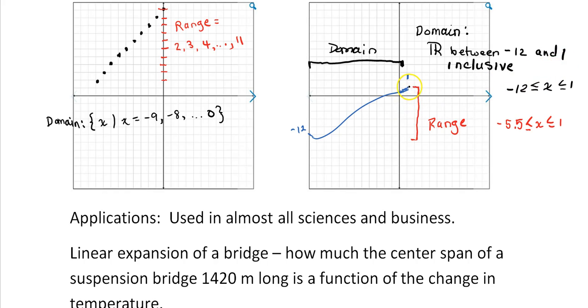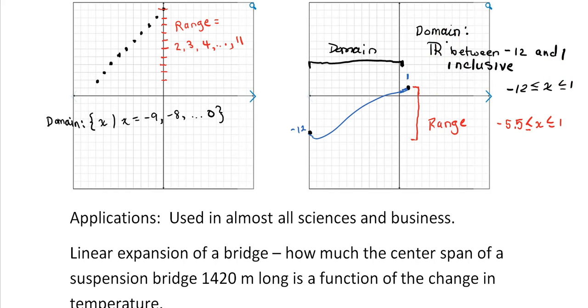If I were to draw the picture, I would probably put dots on there, or put a square bracket in case I wanted to make sure that people understood that that's included. So my real numbers between negative 12 and 1 inclusive.